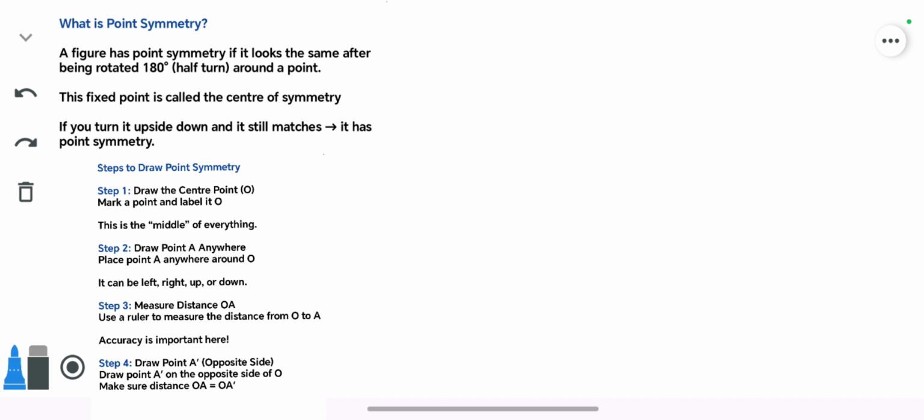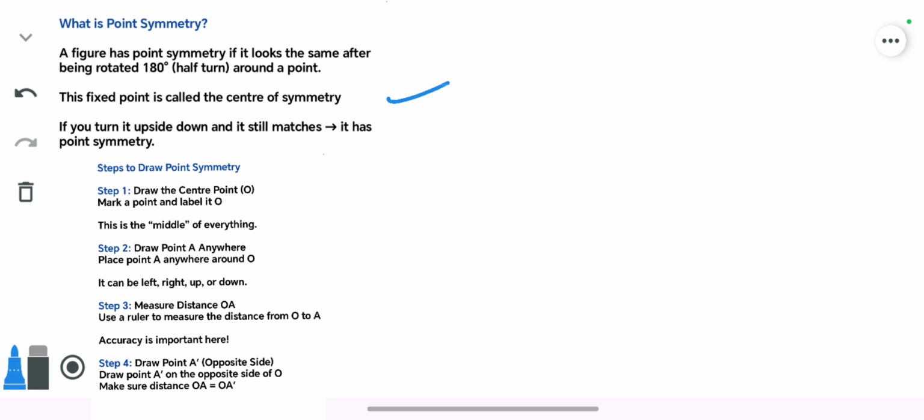Point symmetry is also known as origin symmetry or rotational symmetry. Pay attention to this. There we go. Simple definition and explanation of what point symmetry is.